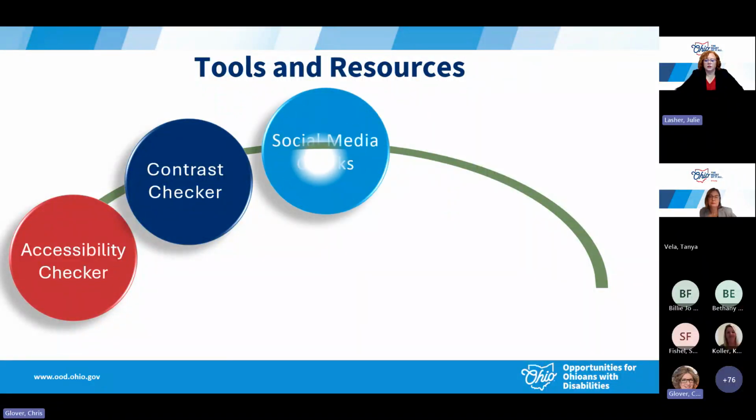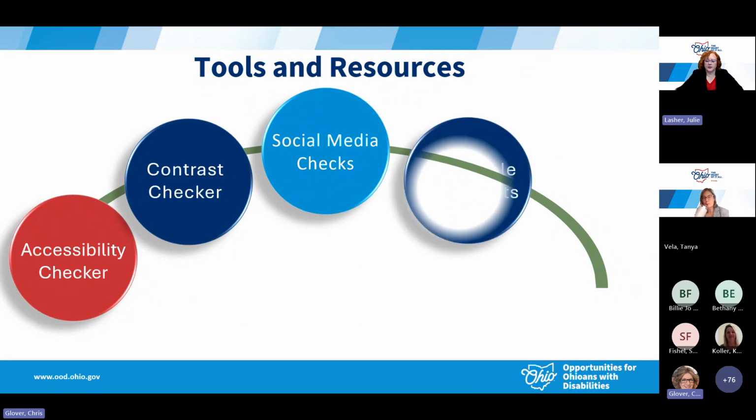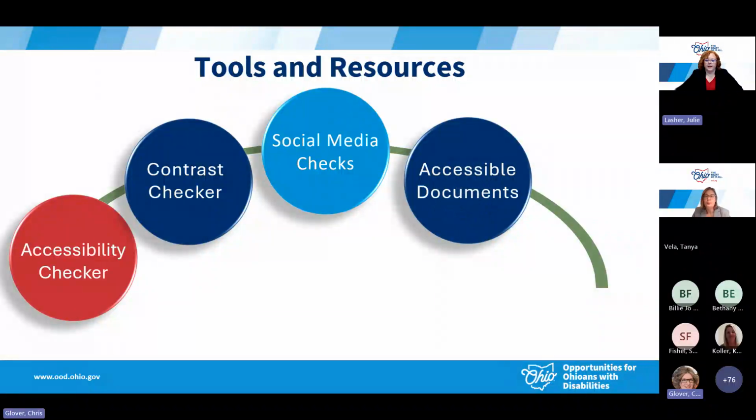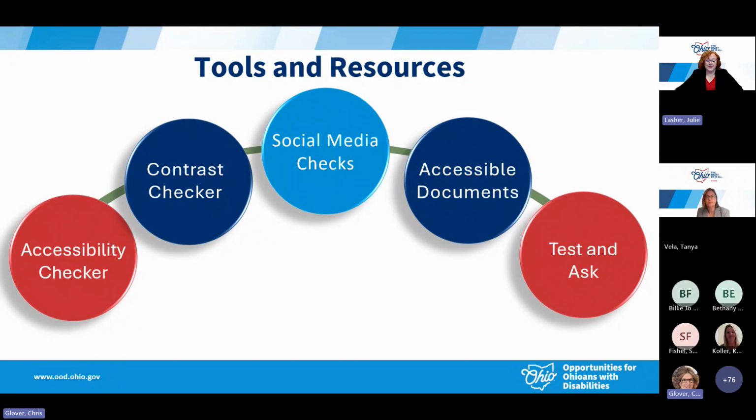Some social media checks are also available, and helpful hints for accessible documents to keep in mind. The importance of testing and asking for feedback. And don't forget that OOD is here to help. Our website offers guidance on practical tips to ensure your communications are accessible to individuals with disabilities. And we put that link in the chat.